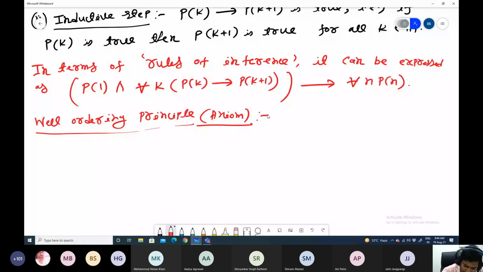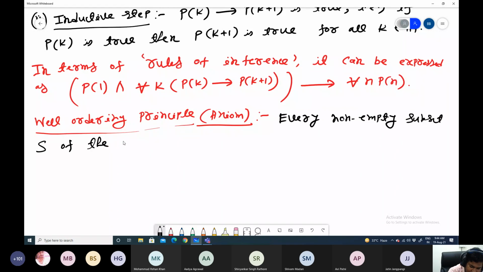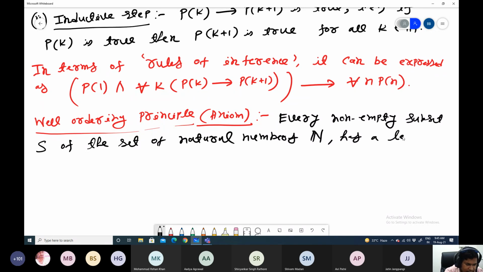Now this says that every non-empty subset S of the set of natural numbers, which we call N, has a least element.